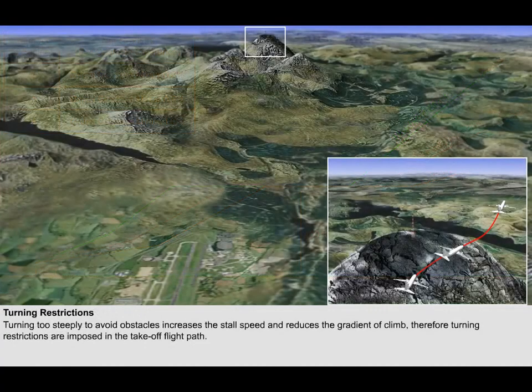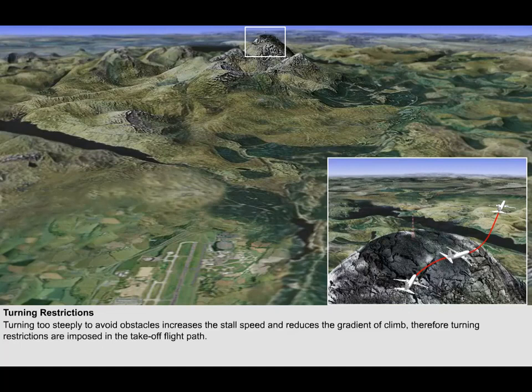We stated that if the aeroplane is unable to clear the obstacle vertically, then it can turn away from the obstacle and clear it horizontally. However, there is a restriction on how much the aeroplane is allowed to turn. Clearly, it is not safe if the aeroplane needs to bank sharply to clear the obstacle by the regulatory margins.